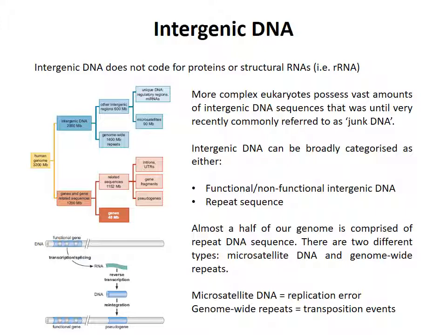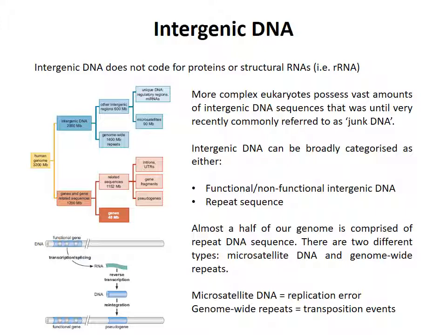What can happen during DNA replication is a replication error, whereby you have slippage of the replication fork, which leads to an increase in the actual size of that microsatellite repeat. It's not a common event during replication, it's quite dangerous to the cell, but over many years of evolution, these microsatellite DNA repeat sequences have embedded themselves within our genomes.